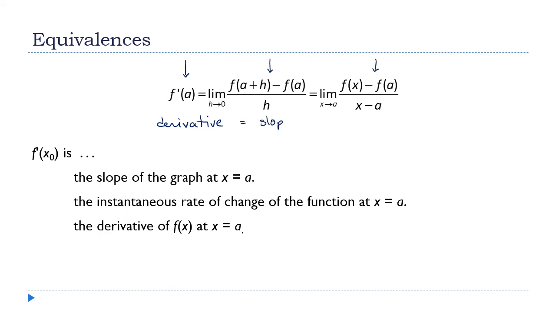This was the slope of the tangent line. And this third part, this second limit, this was the instantaneous rate of change.